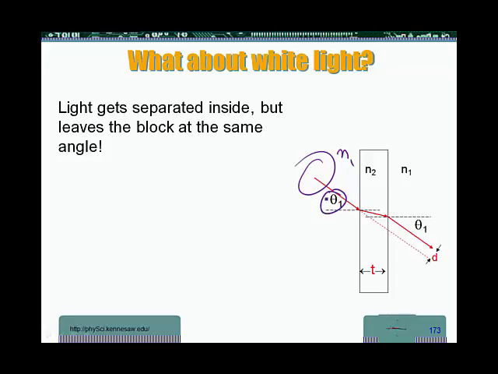So it is true that N2 for blue is going to be different than N2 for red, which means that inside the glass, blue is going to bend differently than red.